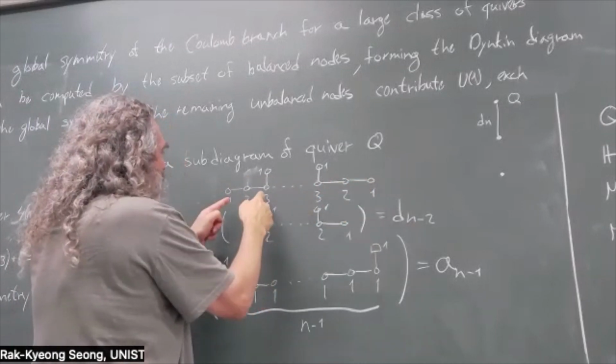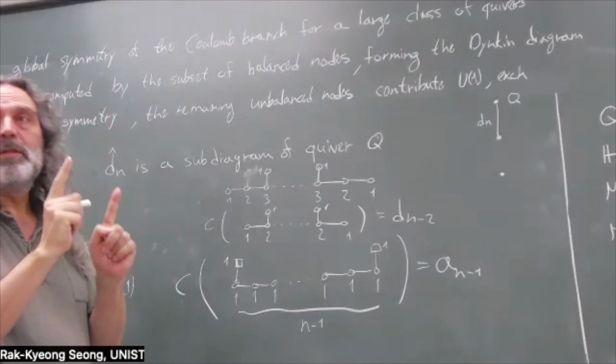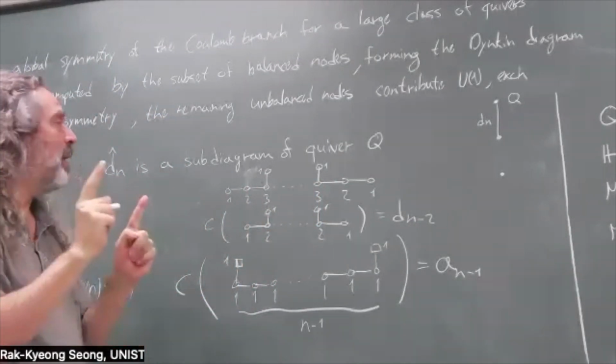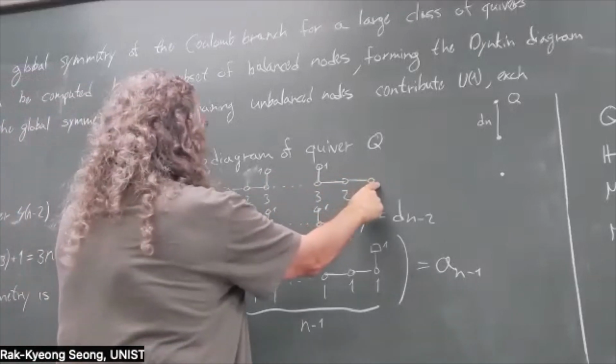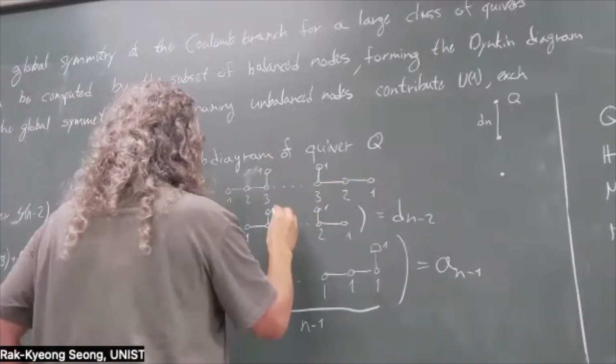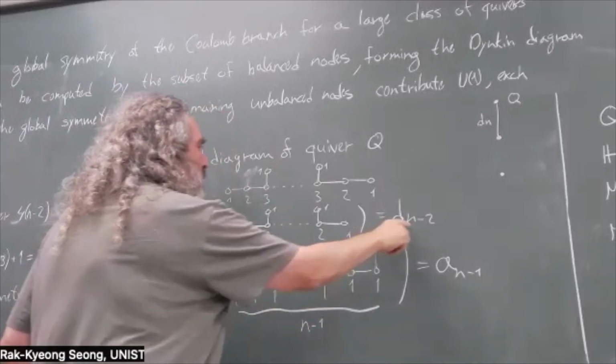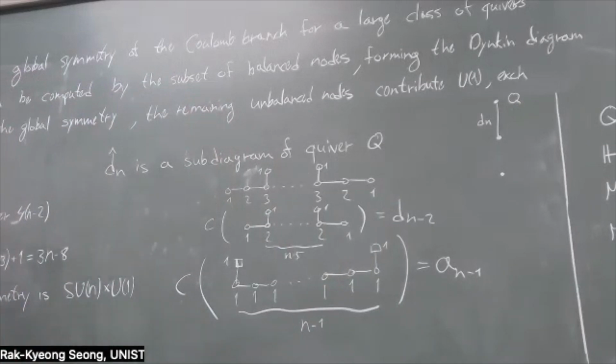If I count the number of threes, I have n-4. Sorry, n-1. Subtract 2 here, 2 here, so n-5 nodes. So here I have n-5 nodes. And this is here n-2. There's a question in the audience.